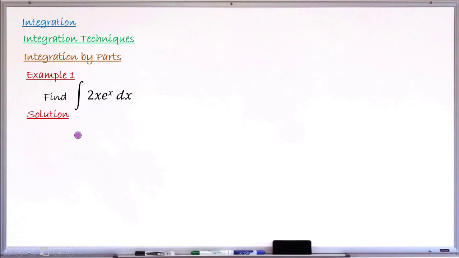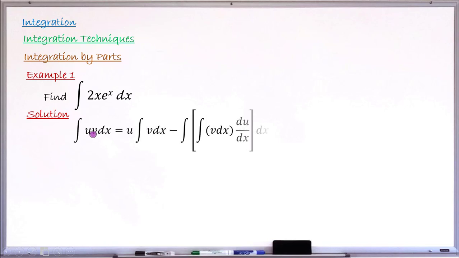So what I'm going to do first is to write down the formula for integration by parts, because it's somehow tricky.